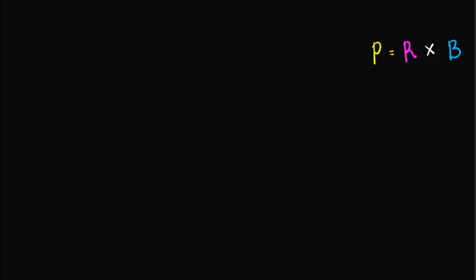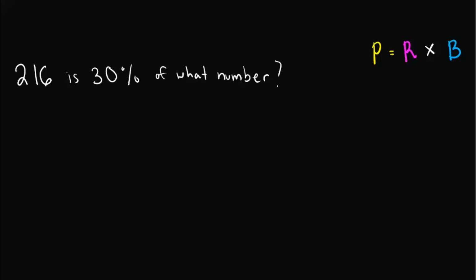Let's try this one last example. If we are tasked to find this one, 216 is 30% of what number? Now for this one, clearly again, 30% refers to the rate. Now, what is 216? Is it the percentage or the base?